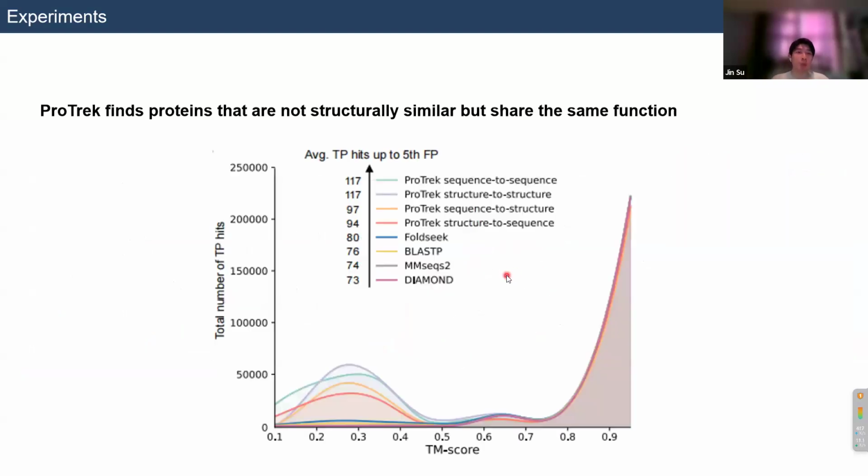Additionally, we test this feature with more experiments. For example, we use ProTrek for sequence to sequence, structure to structure, and sequence to structure retrieval, compared with other baselines like Foldseek, BLASTP, MMseqs2, or Diamond.